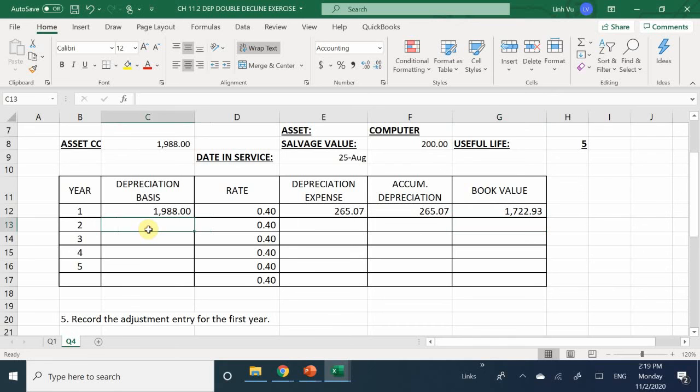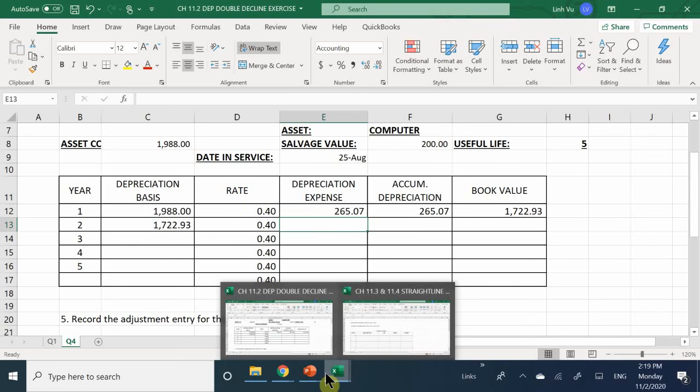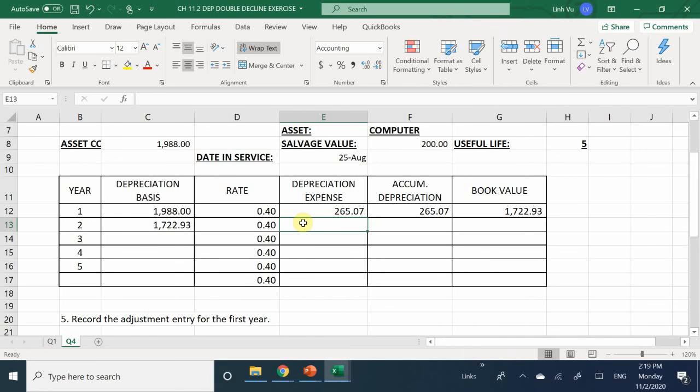That brings us to our second year's depreciation basis. So what is my depreciation expense for the second year? $689.17.